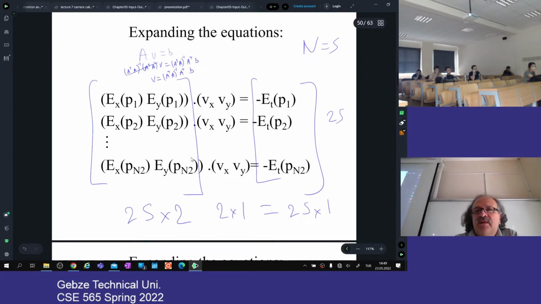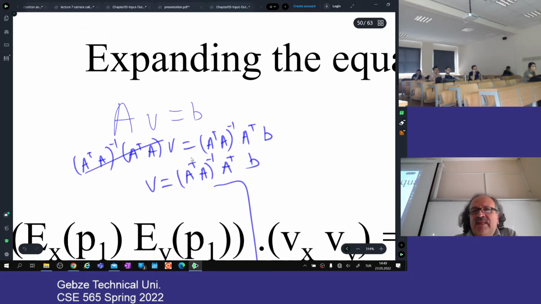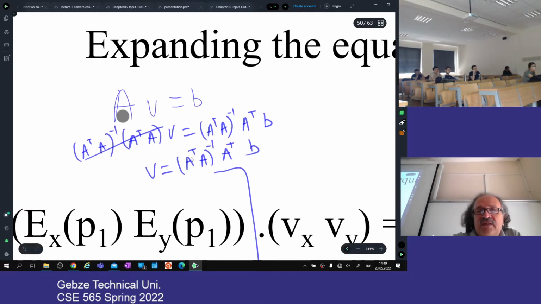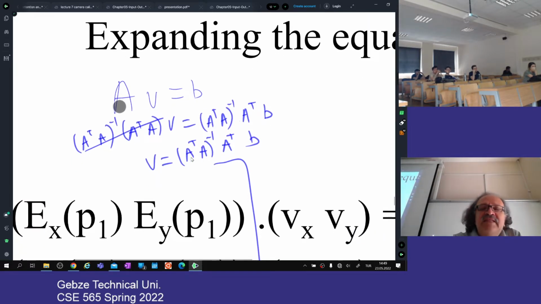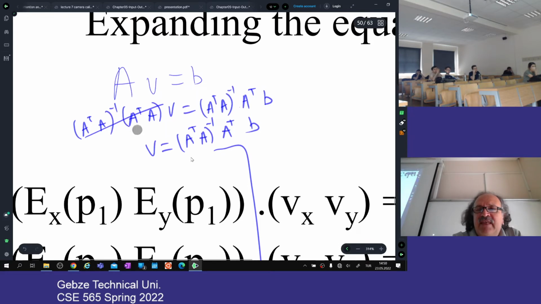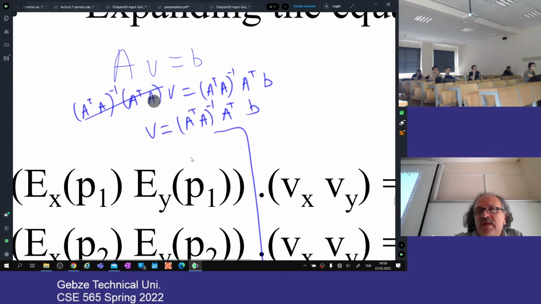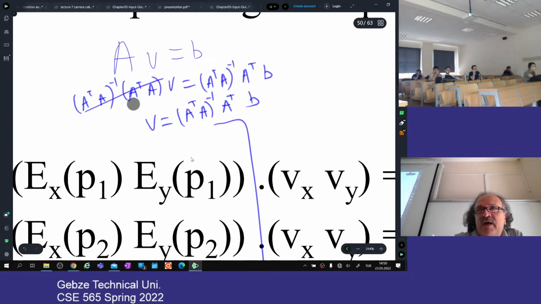But having this kind of an equation set A times V equals B doesn't mean that I can always solve it, because A is not a rectangle. A is not a square matrix, right? So I am using this trick. I multiply A with AT, AT times A makes it a square. A is 25 by 2, so this is 2 by 25.